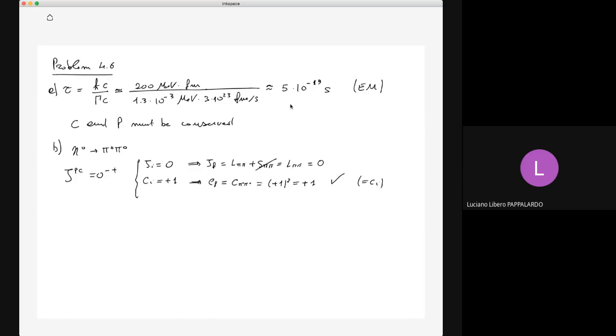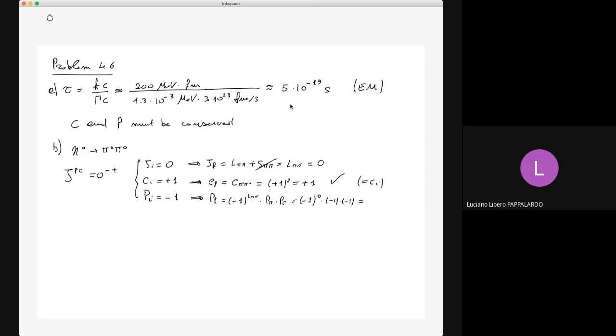Okay. Let's now check parity. So the parity in the initial state is -1, as we know from the quantum numbers. And so we have to check that parity in the final state is also -1. So this is -1 to the L pi pi times intrinsic parities. That is -1 to the 0, because the angular momentum is 0. And then we have -1 times -1.